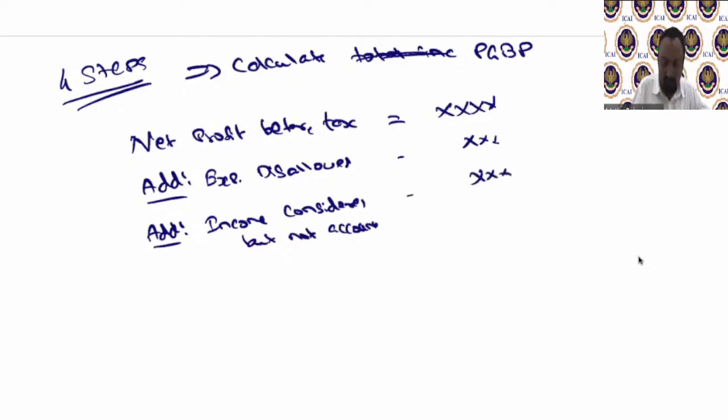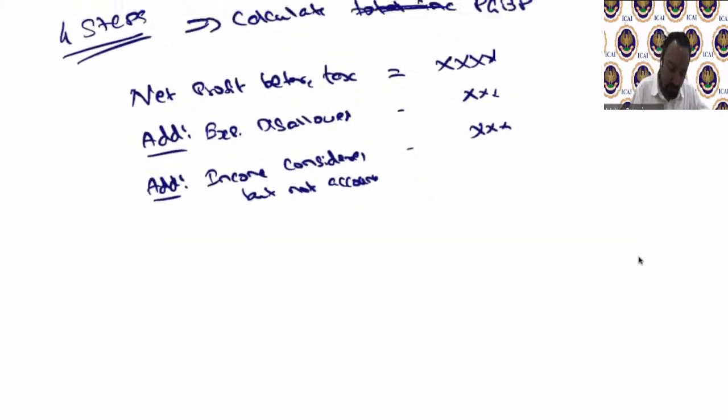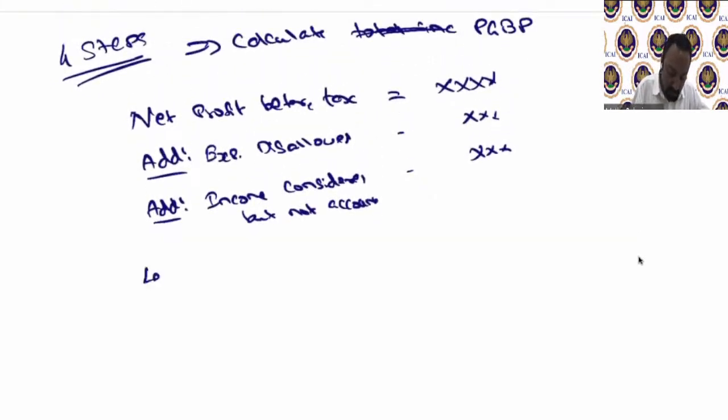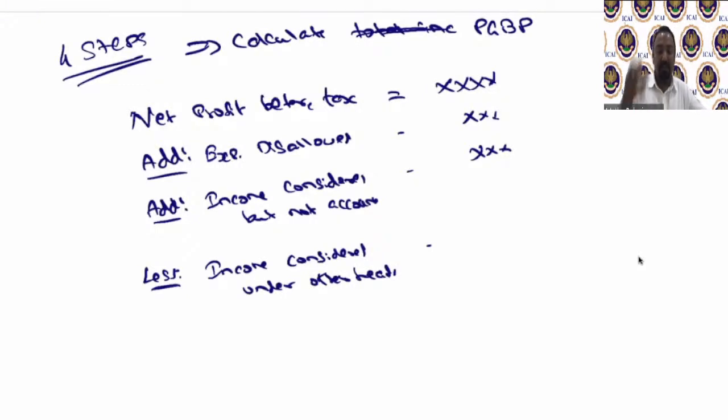So these are 2 additions. Next, you will have to do 2 reductions. Less income considered under other heads. That is, I'm excluding all non-business income, that is, everything other than business income.